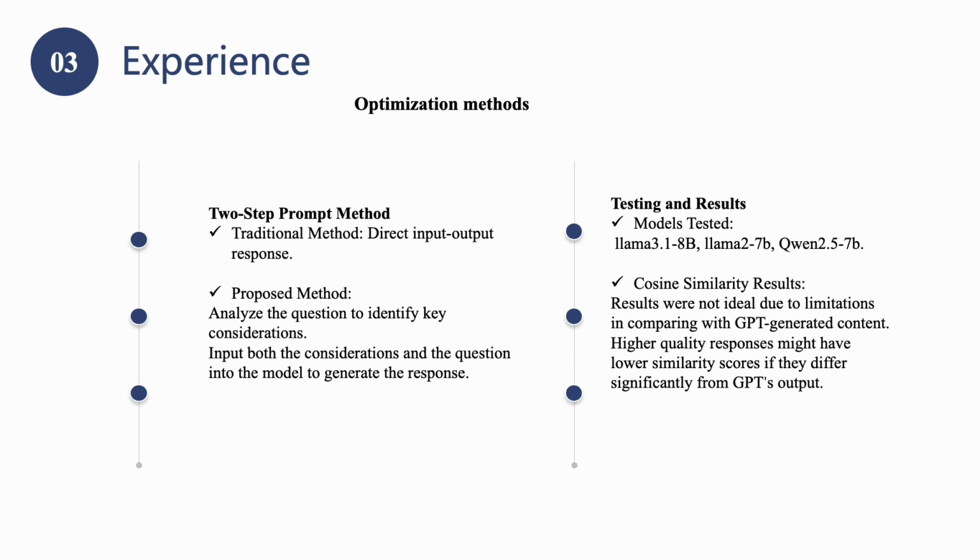To demonstrate the generality of the method, we test it on different models with different parameter sizes. Finally, we use the same two methods as before to evaluate a large amount of generated data.